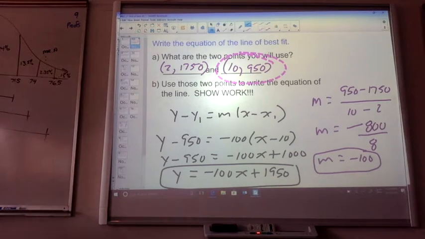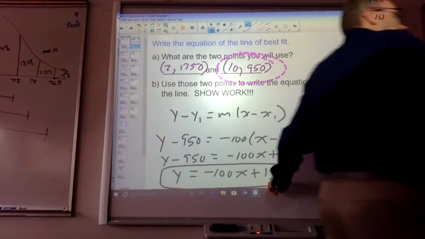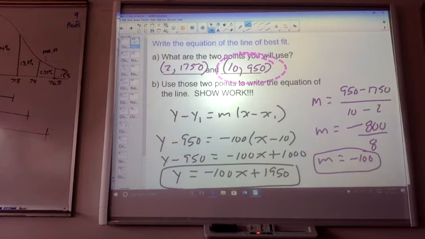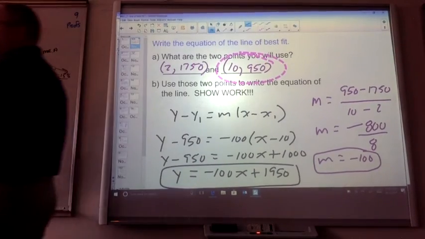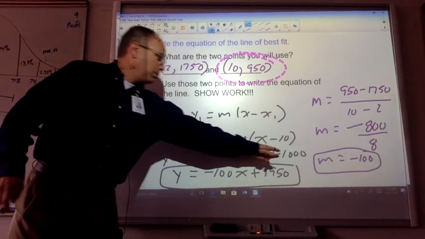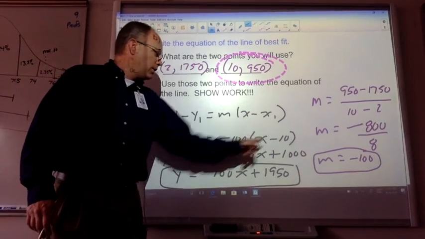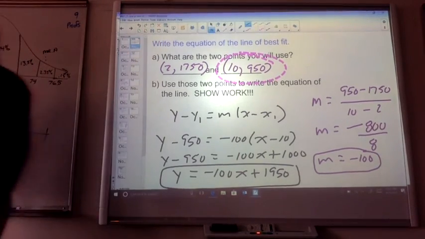So there's my equation of my line. My y-intercept here is right here, (0, 1950). I added 950 to both sides, plus 950 plus 950, because when I distributed over the parentheses, right?